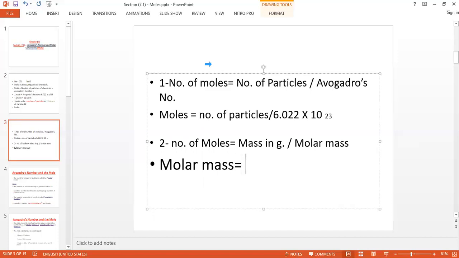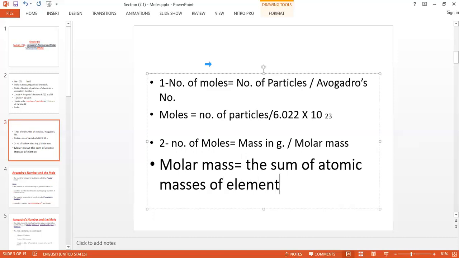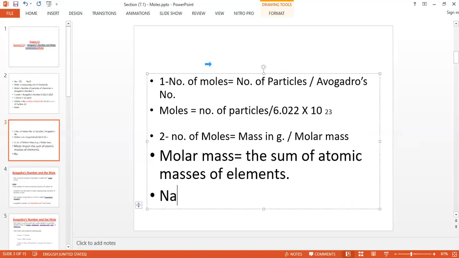Molar mass is the sum of atomic masses of elements. And you can get the atomic mass from the periodic table. For example, the atomic mass of sodium, you'll find in the periodic table, equals 23. Oxygen, in the periodic table, atomic mass equals 16.